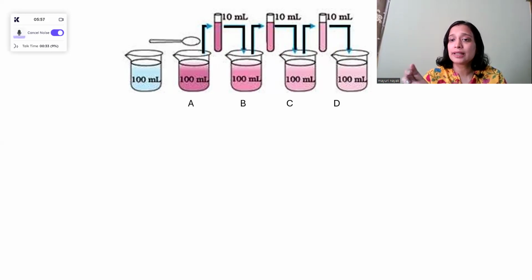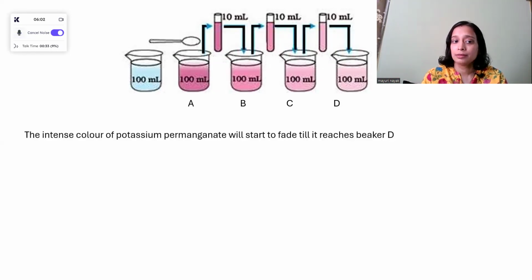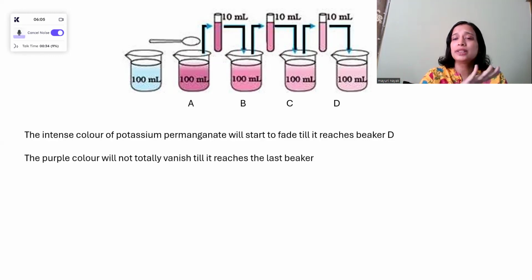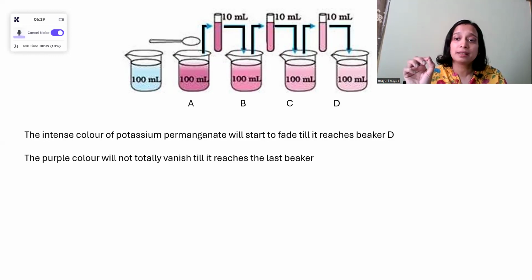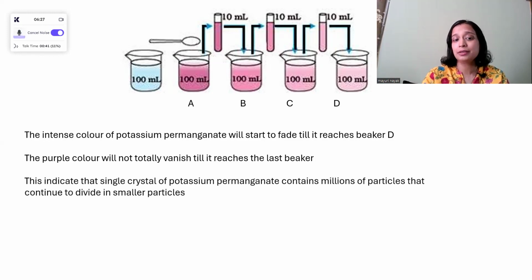The intensity of the color has reduced until it reaches beaker D. The purple color will not totally vanish. So one single drop of potassium permanganate was enough to color the whole water solution, but the millions of particles keep on dividing until it reaches beaker D. This indicates that a single crystal of potassium permanganate contains millions of particles that continue to divide into smaller particles.